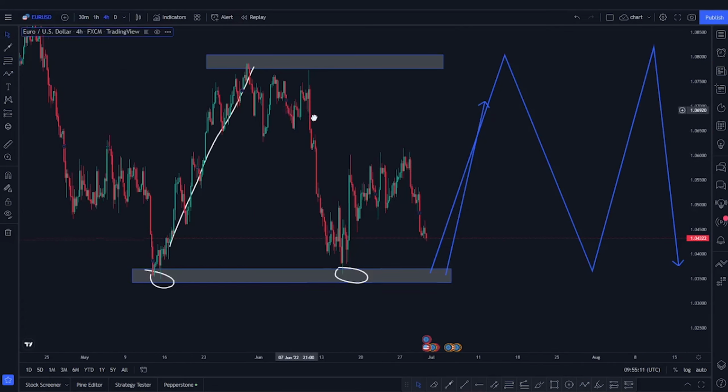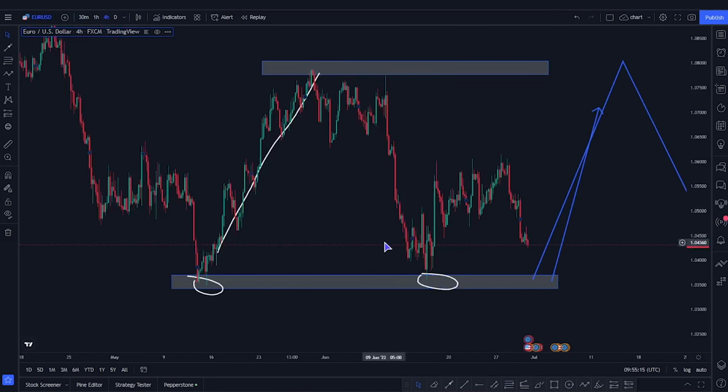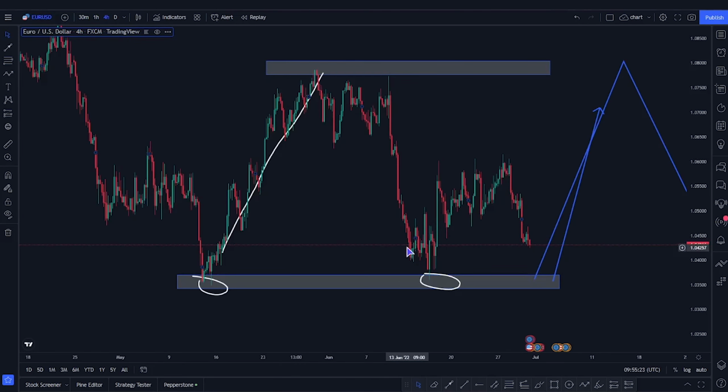So what should you do as a trader? Firstly, before you can conclude if the sellers are still stronger or weaker, or if the buyers are stronger or weaker, you have to make sure that you don't get fooled by the current time frame that you are looking at the price at. And you should make sure that you confirm with all the time frames that you use as a trader.